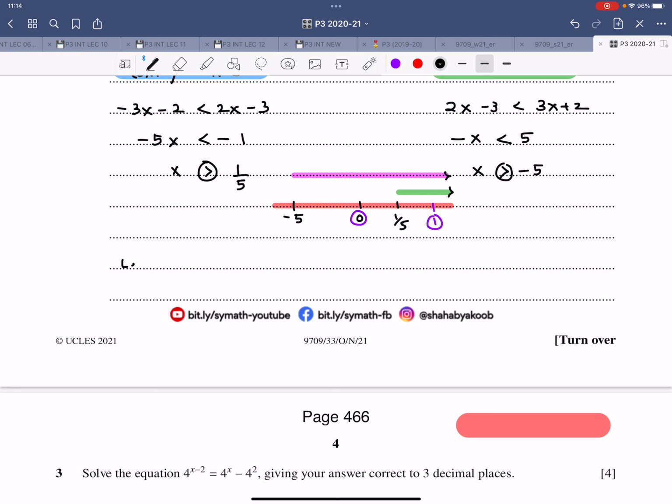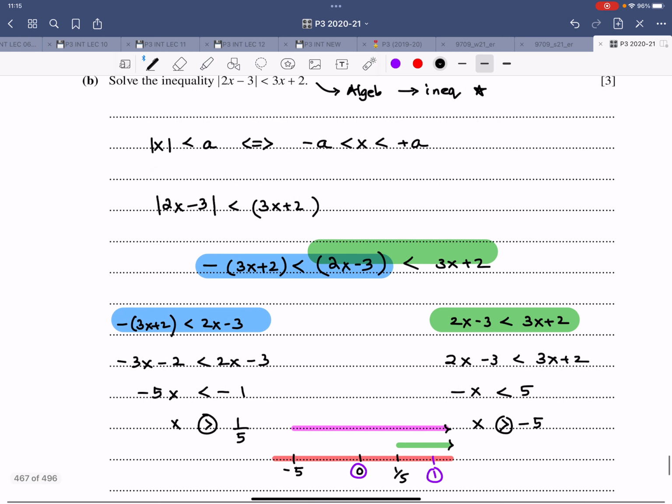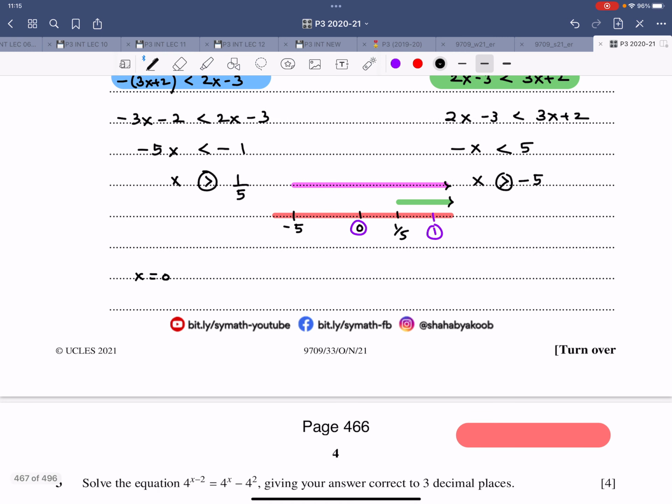Let x equal 0, and plug into the original inequality, |2x − 3| is less than 3x + 2. When x is 0, |−3| is it less than 2? The answer is no. This is false.